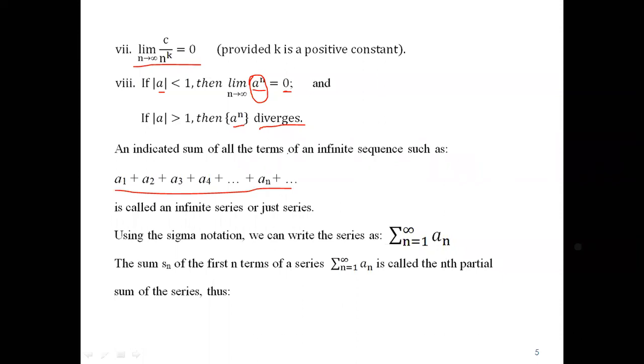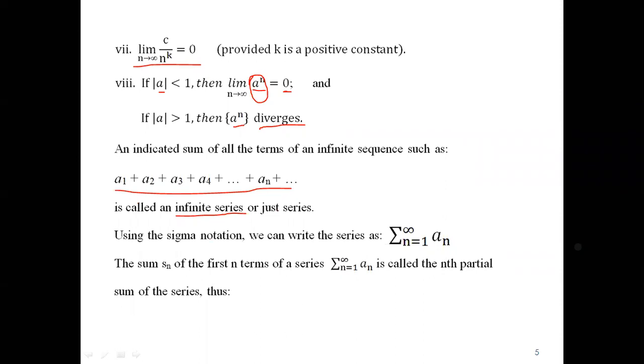Now, the sum of the terms of an infinite sequence, such as A1 plus A2 plus A3 plus A4, and it goes on and on infinitely. Such a sum is known as an infinite series. So if you add up the terms of a sequence, you come up with a series. So if you add the terms of a finite sequence, you come up with a finite series. Okay, so this one here is called an infinite series, or simply a series.